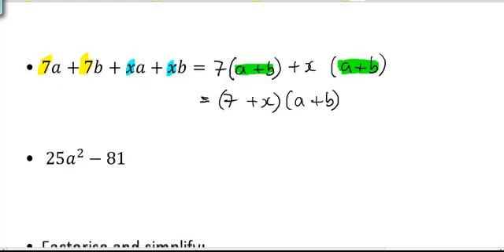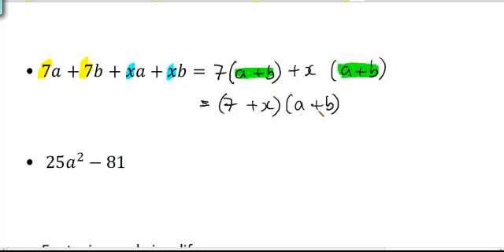Next question here is 25a squared minus 81. Now when you see this, look out for numbers like 81, 25, 36, square numbers. So I can write that 81 as 9 squared, and the 25a squared can be written as 5a in brackets squared.